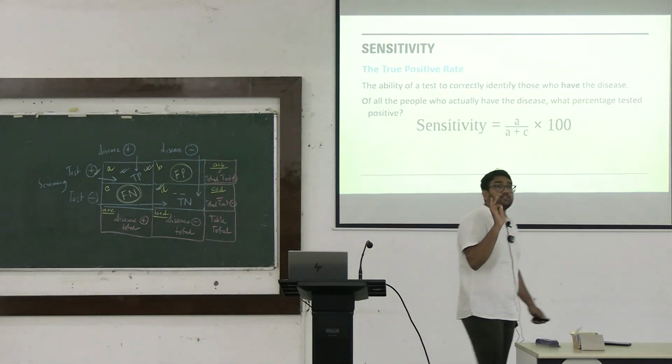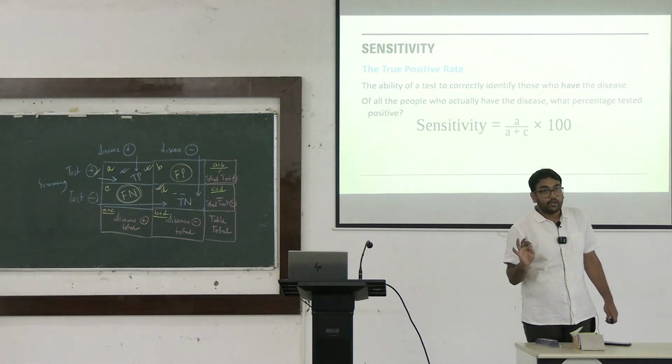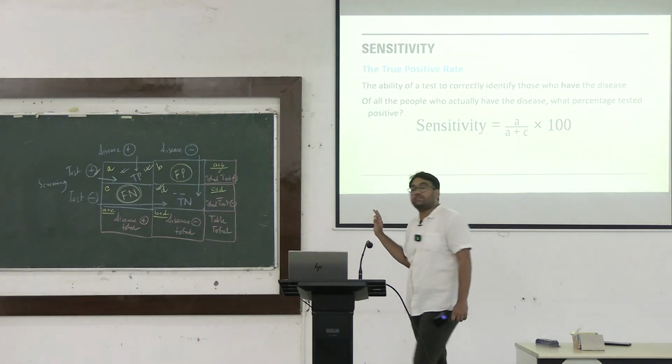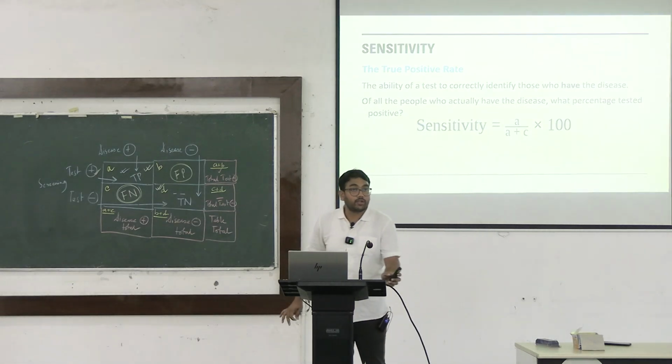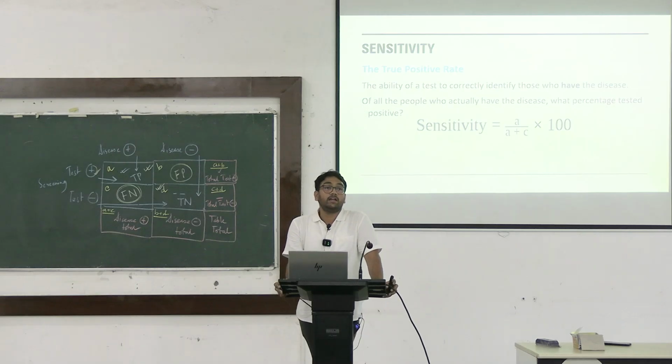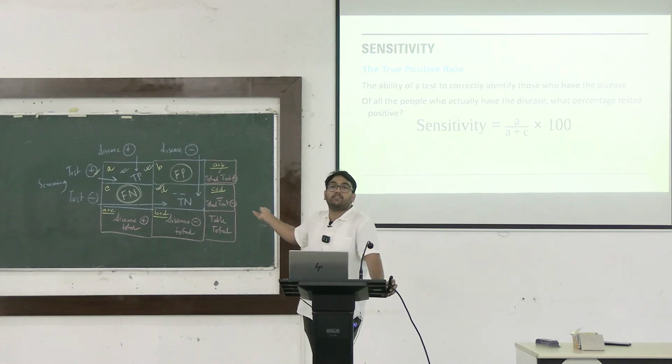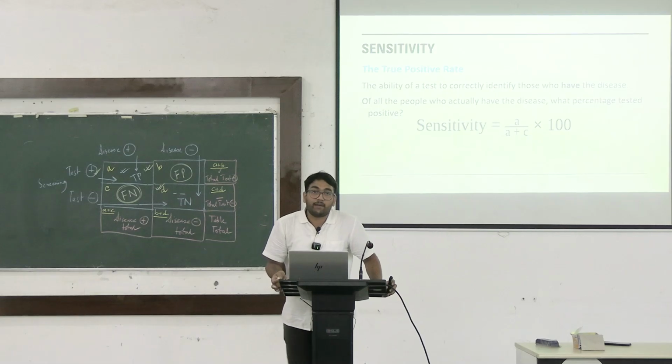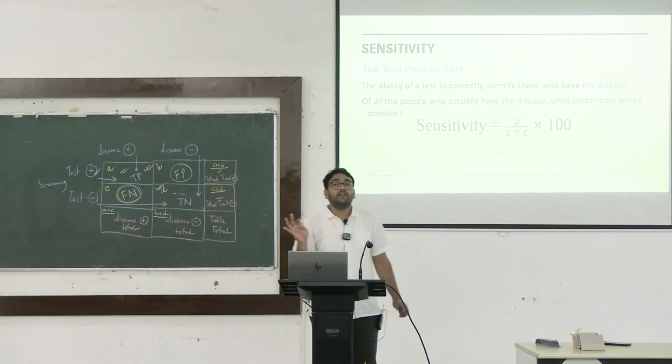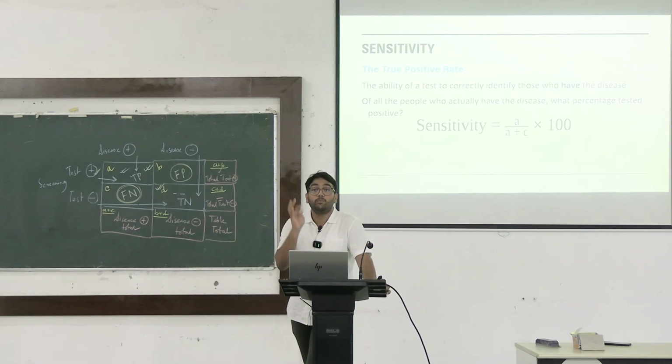So true positives is represented by the box A and false negatives are represented by the box C. So sensitivity is given by A by A plus C into 100. Right? A plus C represents all of those who have the disease, and among that, A represents how many the test is able to find that these people have the disease. Is that clear?